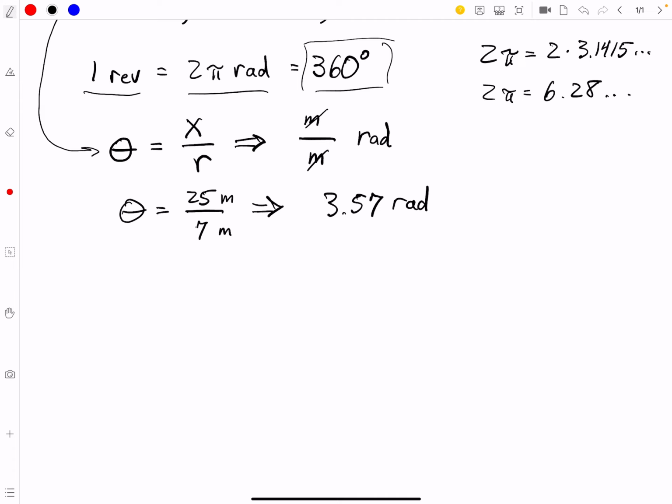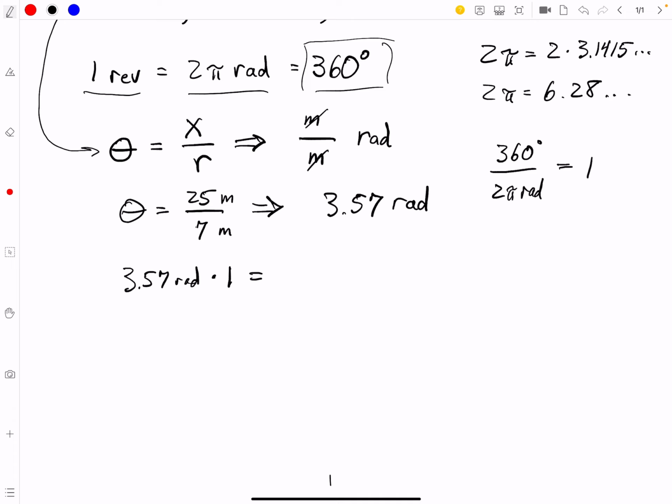if 360 degrees is equal to 2 pi radians, then we can multiply that 1, 3.57 radians, times 1.